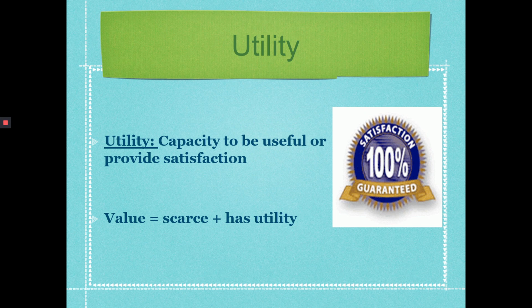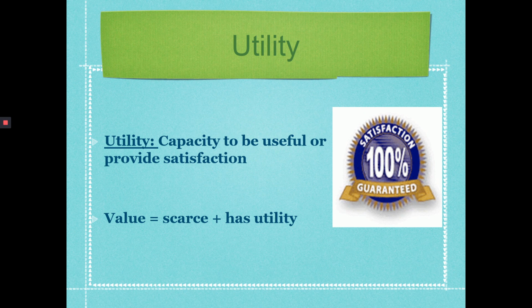I've done that before. Or you find a new drink at the convenience store or the grocery store. It's like, oh, I want to try that. You get it home, it's nasty. Okay, that is utility. Utility is the satisfaction or usefulness we get from a product. If it does not provide us any utility, if it's not useful or does not provide satisfaction, then typically we will not buy that product again.